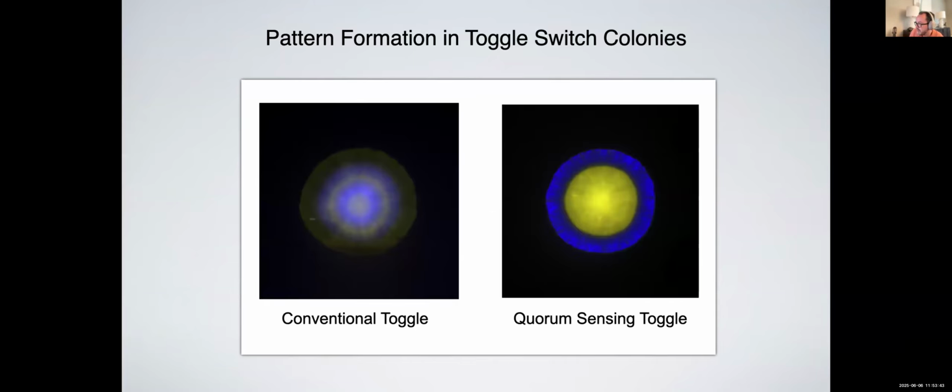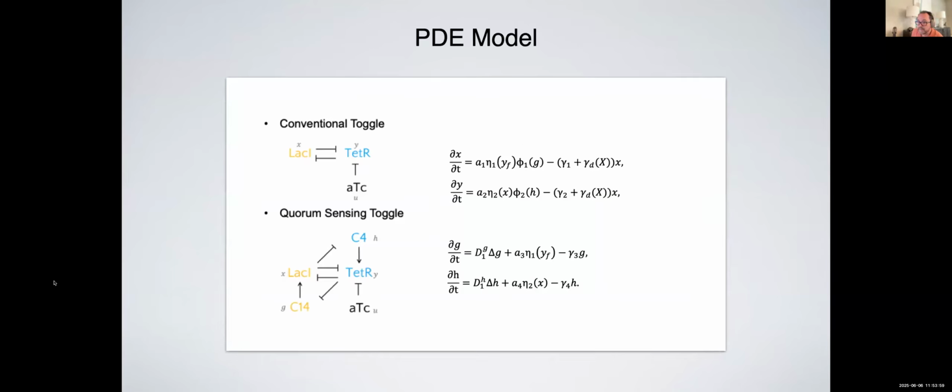Okay, and so what you find is very different behavior depending if you grow a conventional toggle, right? There's no extracellular signaling, and a quorum sensing toggle, one with extracellular signaling, where neighboring cells are able to communicate with one another. And so what we have, we built a small PDE model, right?